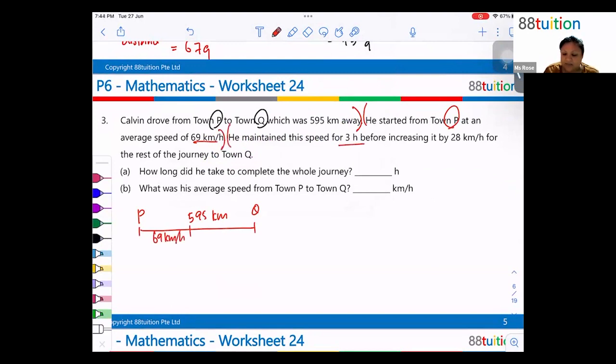He maintained this speed for 3 hours before he increased by 28 kilometers per hour. So his new speed would be 97 kilometers per hour because he added 69 and 28 to give me 97 for the rest of the journey.